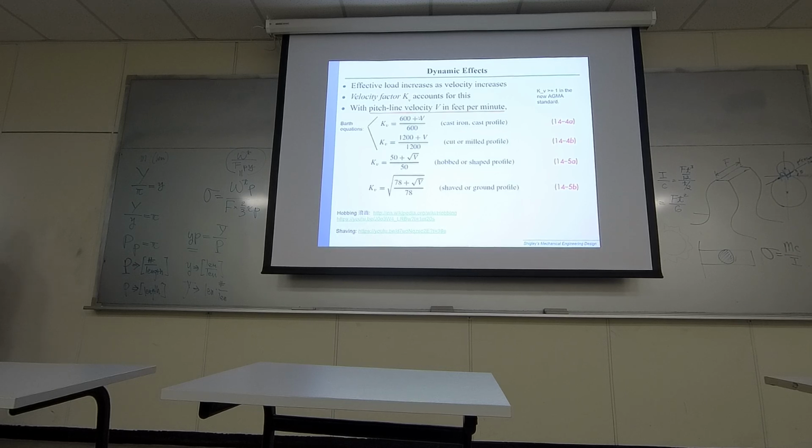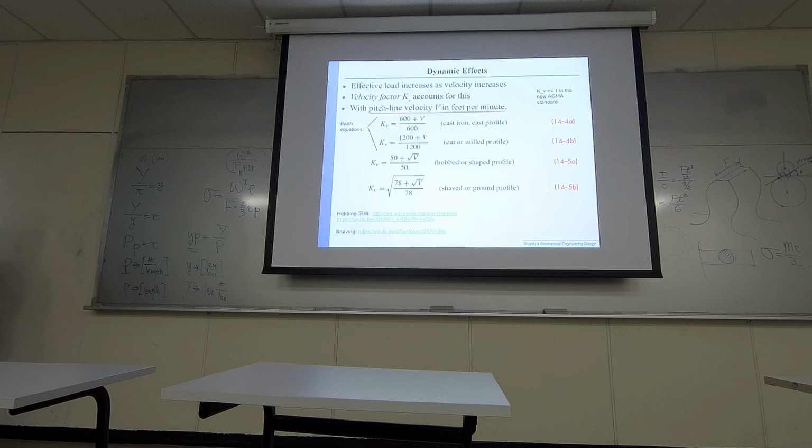So it's greater K. From here you can see, for gears, the way you produce the gear matters. The gears that were cut or milled have better adaptiveness to speed. You can say that.